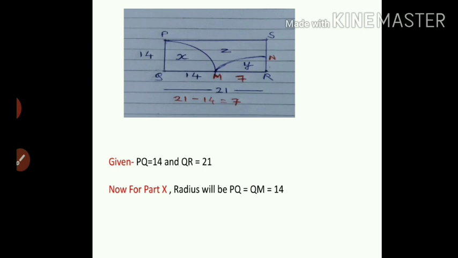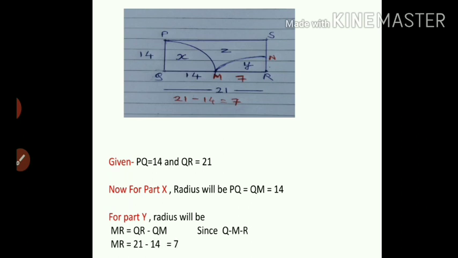So here radius will be 14. For Y part, you can see the radius here. The same calculation I have shown, MR will be equal to QR minus QM, so 21 minus 14 will be 7. That means when I find the X part, radius will be 14, and when I go for the Y part, the radius will be 7.